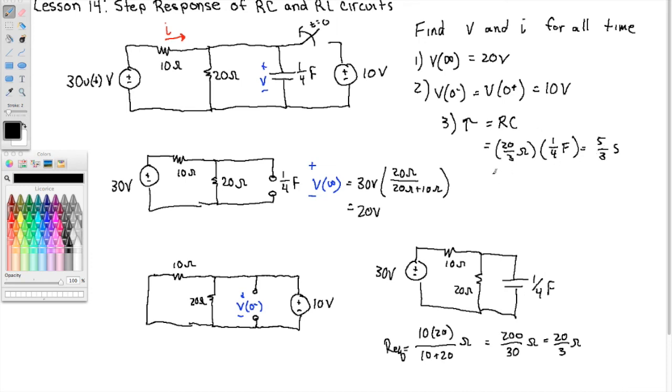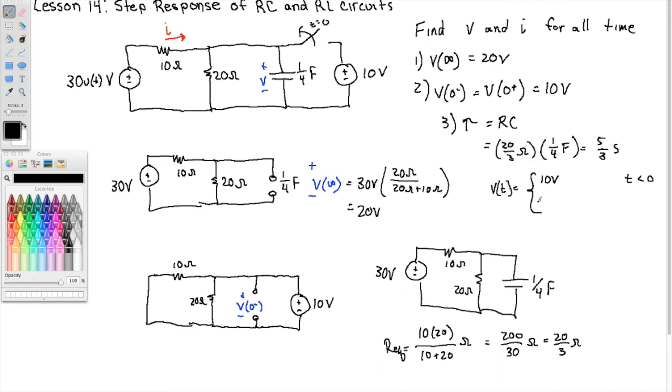Alright, so in total then, the capacitor voltage is, right before the switch, at 10 volts. For t less than 0, we've got 10 volts sitting at the capacitor voltage. But then at t equals 0, that's when the action is happening. That's when this switch is open, and this thing switches on the left.